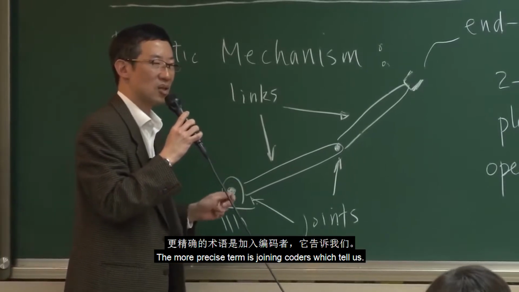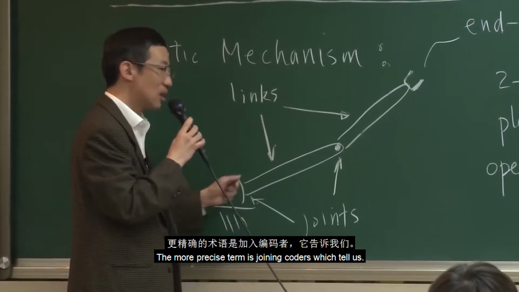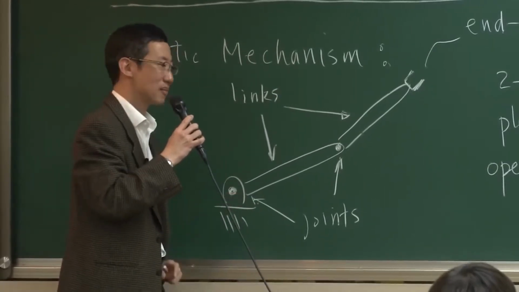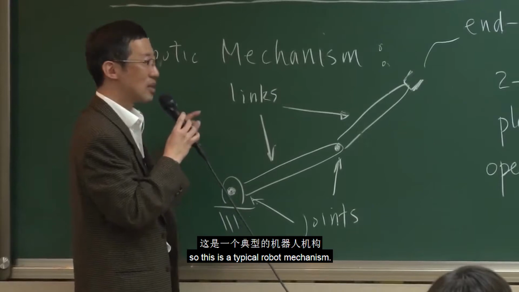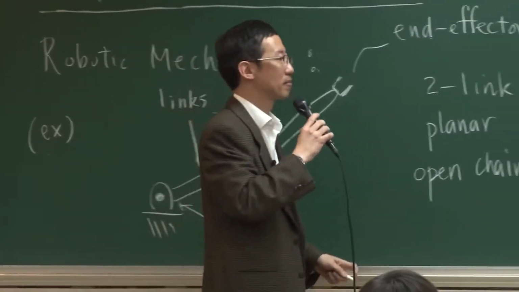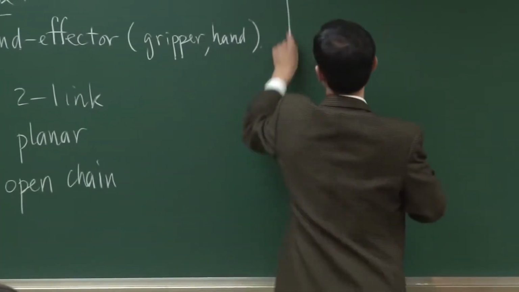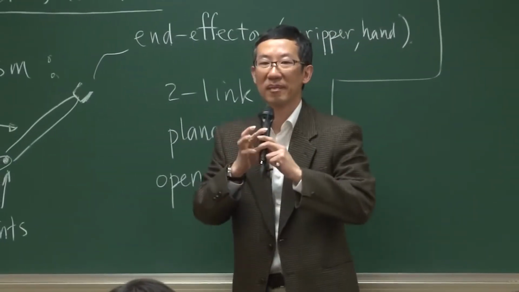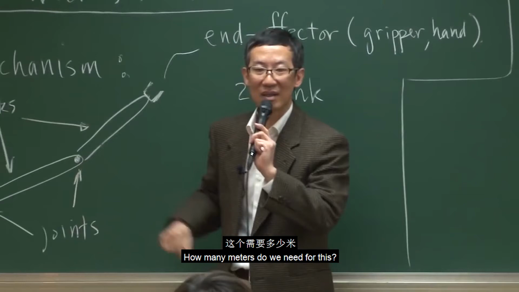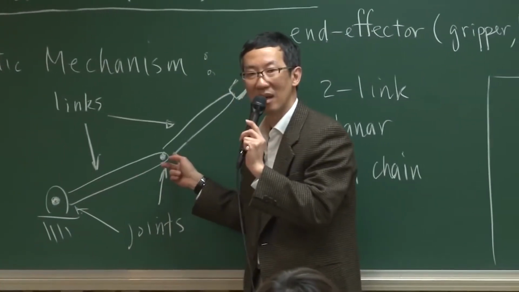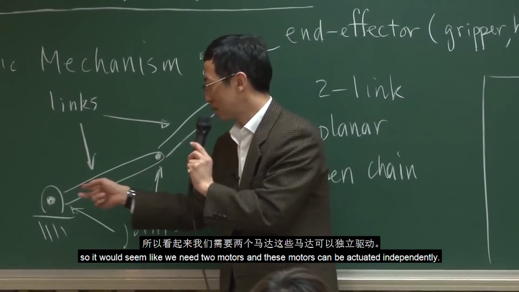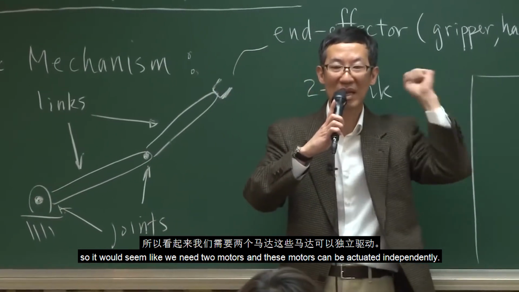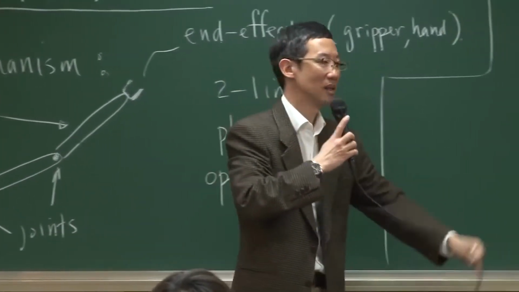Well, the more precise term is joint encoders, which tell us the readings of the joint angles. Okay? All right, so this is a typical robot mechanism. Now, how many motors do we need for this? Well, we have two joints. Okay? So it would seem like we need two motors, right? And these motors can be actuated independently, okay?